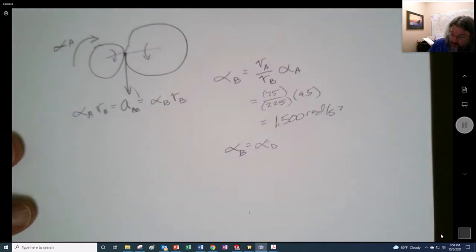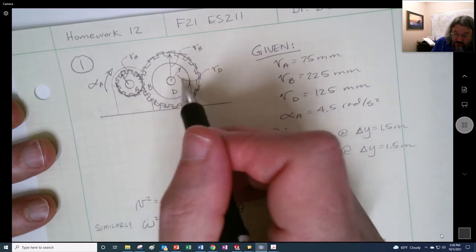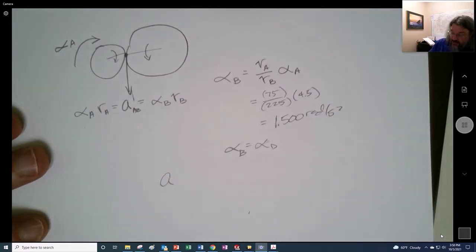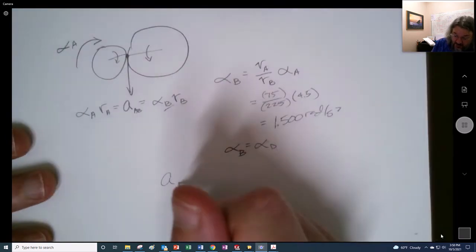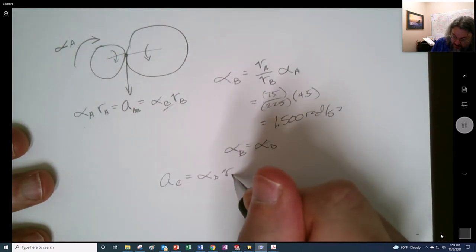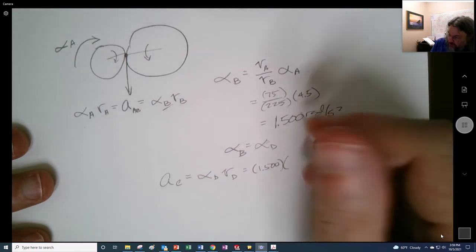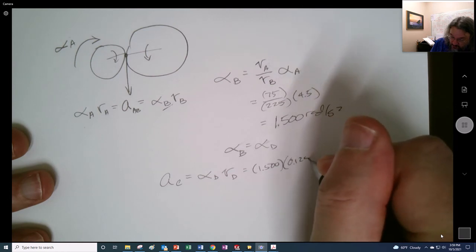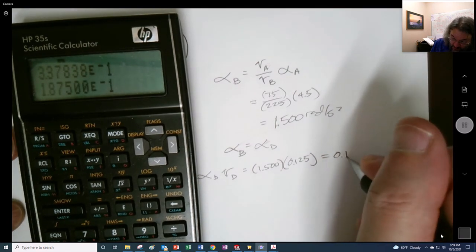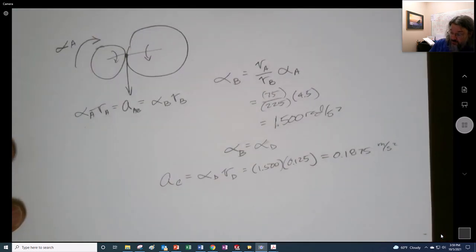Looking at a point on D right here, the rope's acceleration is going to be the angular acceleration times the radius of D, and that's the same as the acceleration of C. So we have 1.5 times 0.125, so we end up getting 0.1875 meters per second squared is what C is moving upwards.